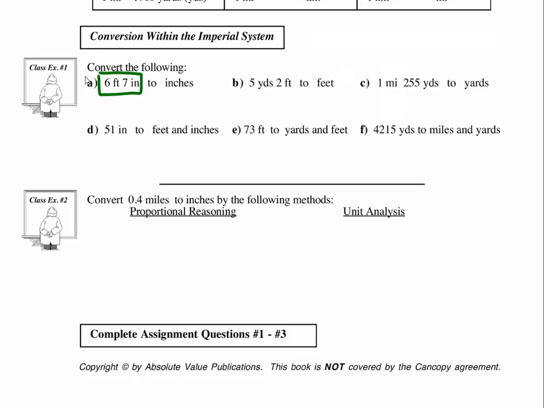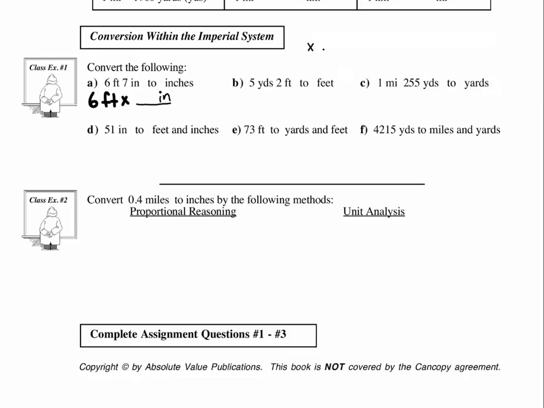Okay, so if we're converting 6 feet, we have 6 feet times, okay, so we're going to use unit conversions, unit analysis. So what will go on the numerator? What you want goes on the numerator.